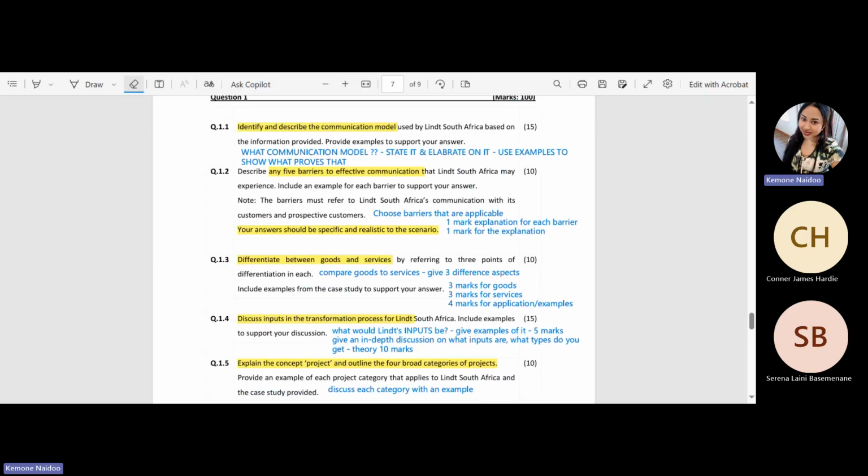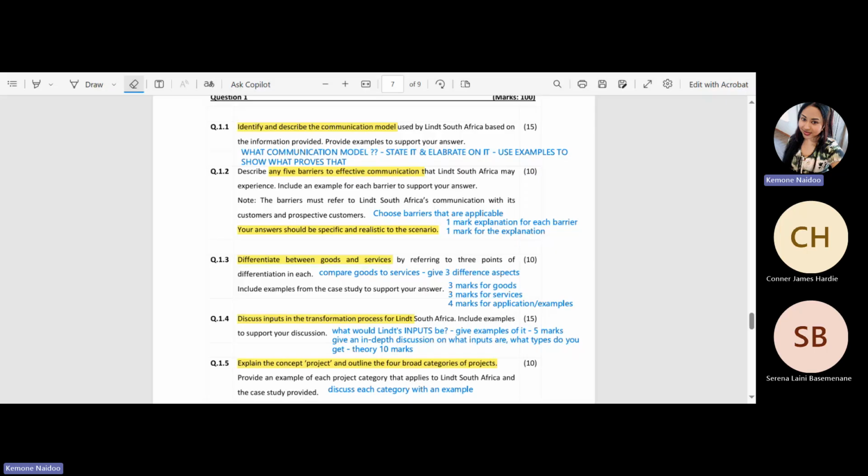So in our first question, you are asked to identify and describe the communication model that is used by Lindt. So you see, they are also referring to the case study, which means when we are now using an example, we need to also refer to Lindt. Okay, so don't use an example from a different business, use it from Lindt.